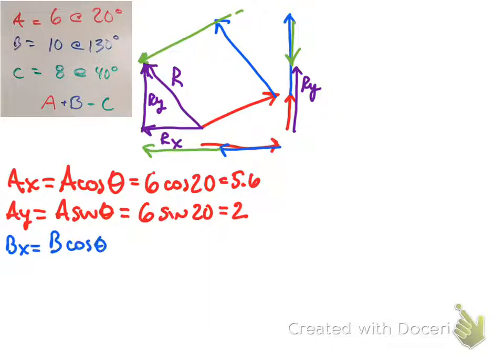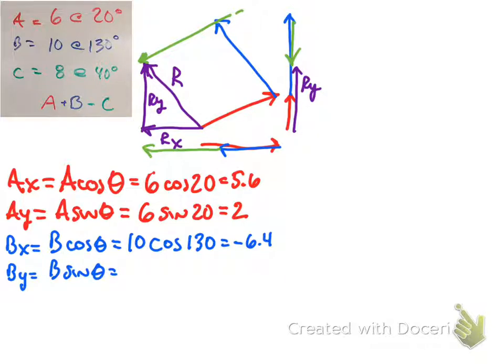Then BX is B cosine theta, and remember B is 10, and we do cosine of 130, and that gives us negative 6.4, which is that going backwards there. BY is B sine theta, which again, same numbers, we just switched to sine, so 10 sine 130, and that gives us 7.6.